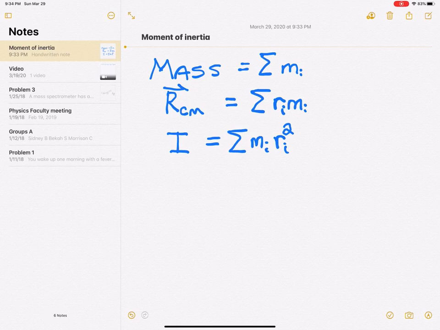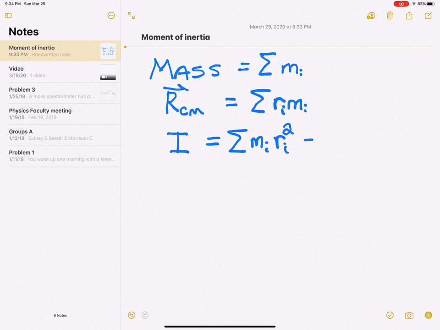But instead what we're looking at is this idea that how an object's mass is distributed can be quantified, because I've taken the square of its location. The plus or minus portion of it goes away. So we wind up with this thing called a moment of inertia.